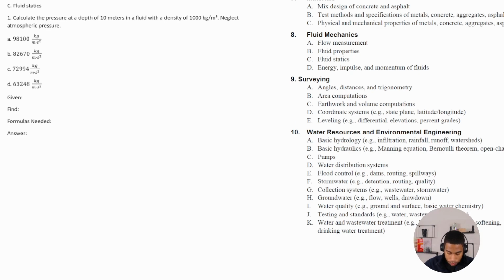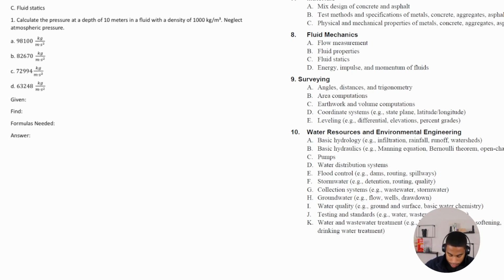All right, so number 1 says, calculate the pressure at a depth of 10 meters in a fluid with a density of 1,000 kilograms per meter cubed. Neglect atmospheric pressure. All right, so what is the information that we're given? We are given the depth, which is 10 meters.